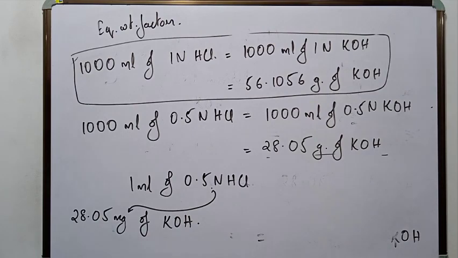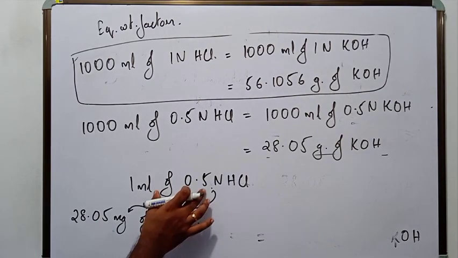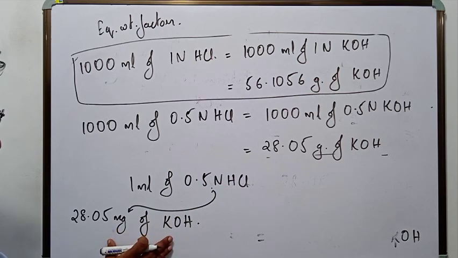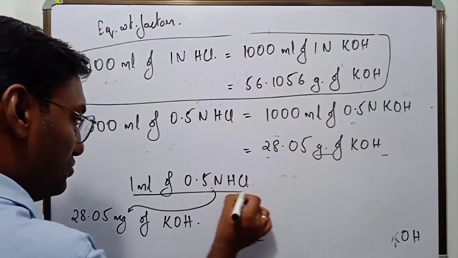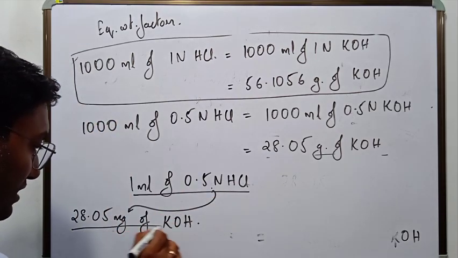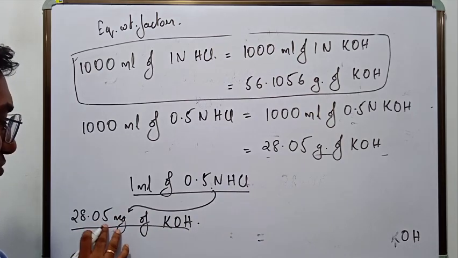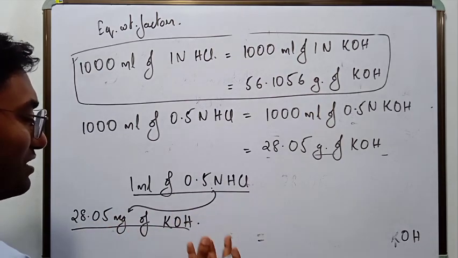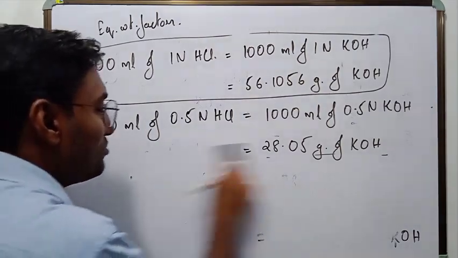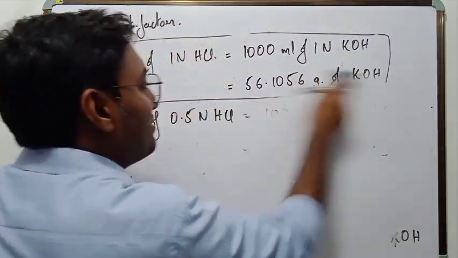So that is the relation between the burette titrant and the KOH in the round bottom flask. If 1 ml is consumed from the burette, it means there is 28.05 mg of KOH in our round bottom flask. So now we have come to know the equivalency weight factor also.